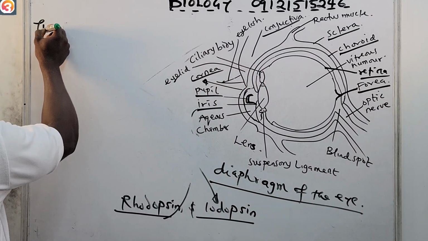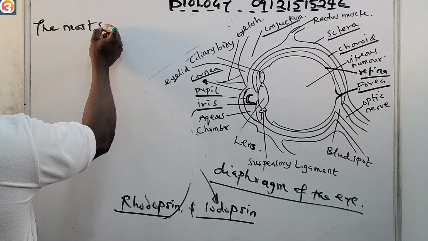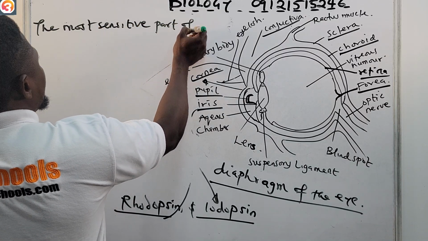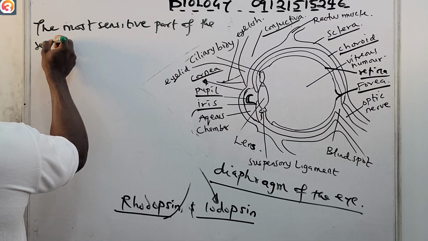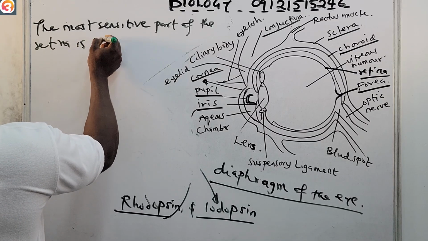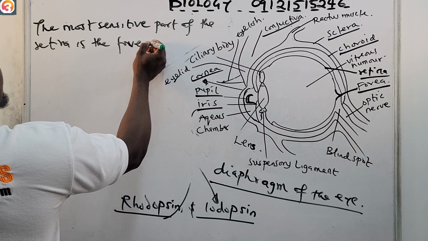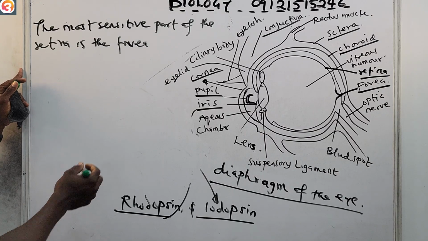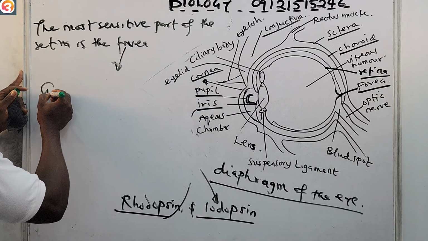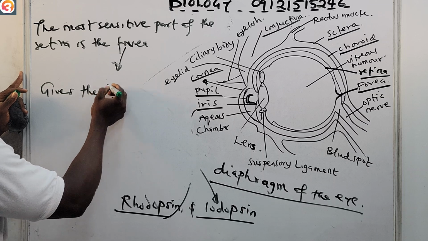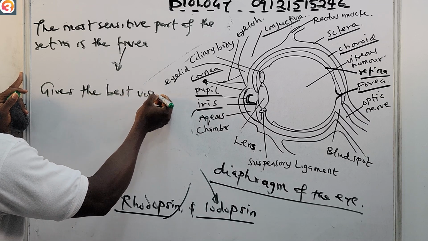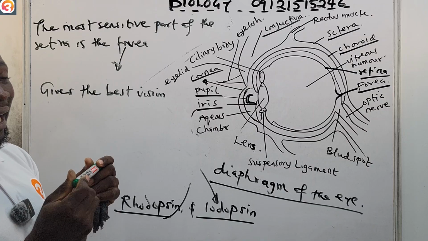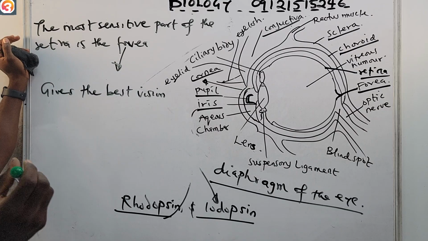The most sensitive part of the retina is the fovea. It gives the best vision.